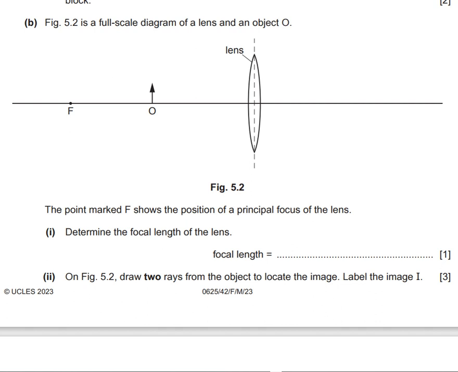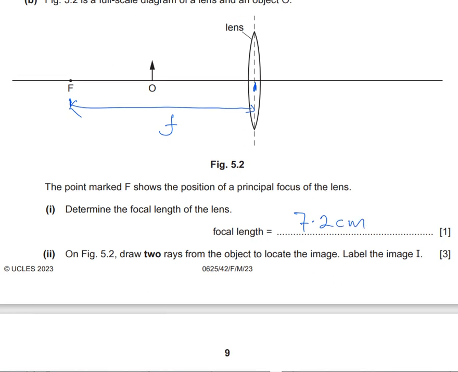So we can see where F is, and we can see the optical center. This length in between here, use a ruler and measure it. It is supposed to be the focal length. When you measure very well, you are supposed to get 7.2 centimeters.